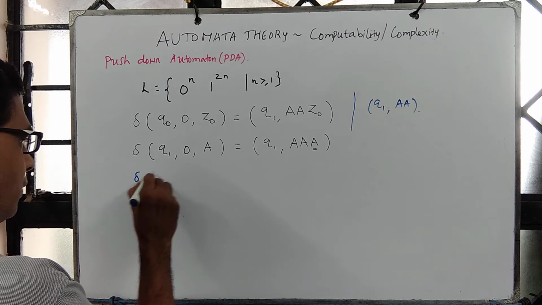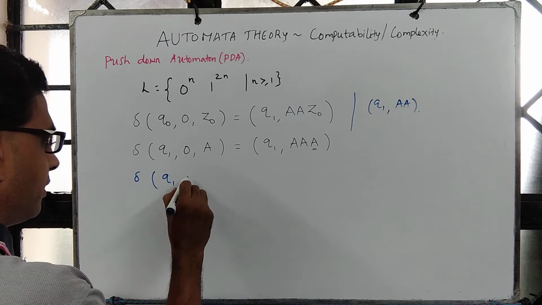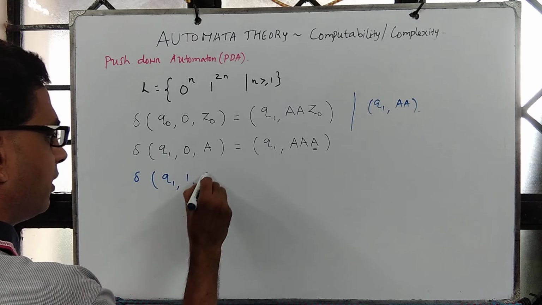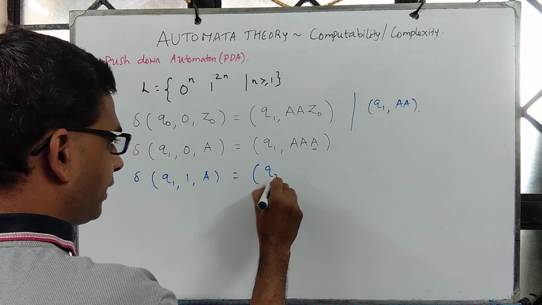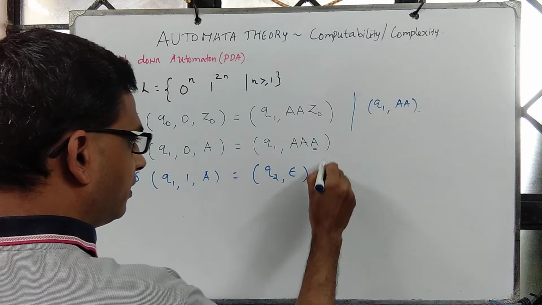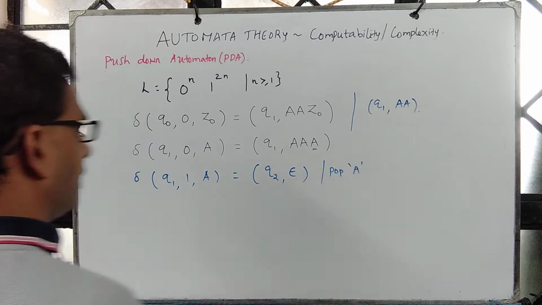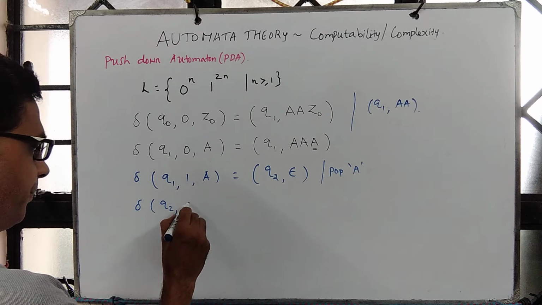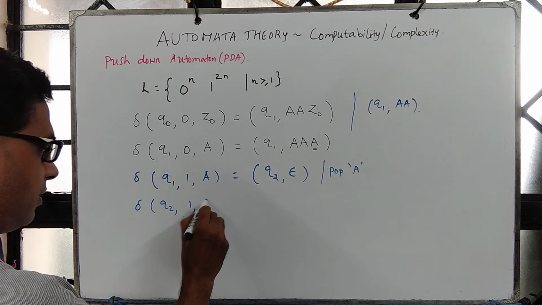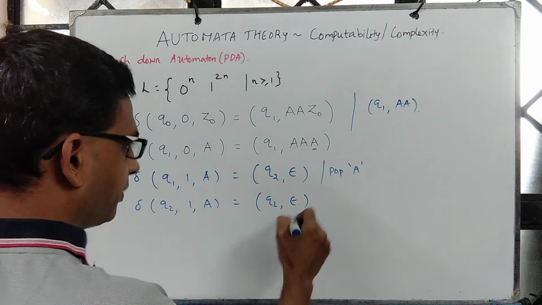Now go to 1. I am in Q1, reading a 1. Top symbol is A. Then I say Q2, epsilon. This means pop A. Now I am in Q2. You read a 1. Top symbol is this. Continue to pop.